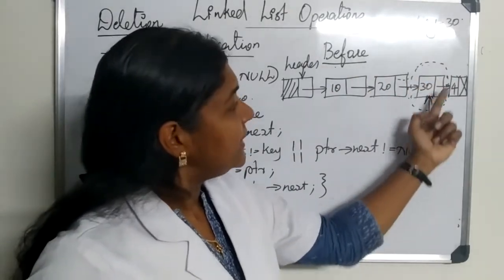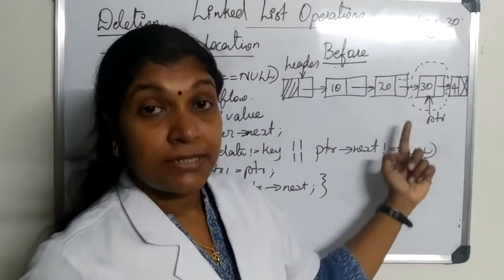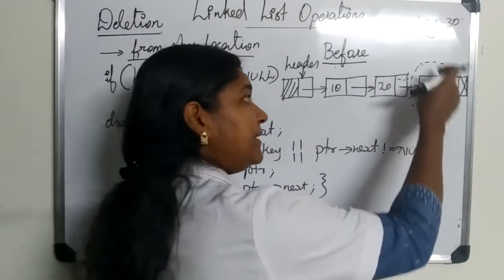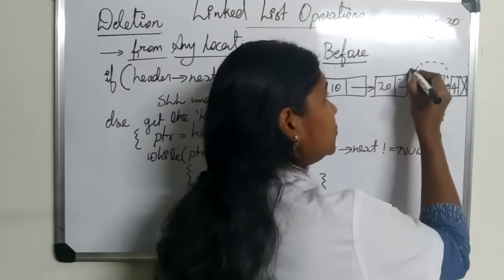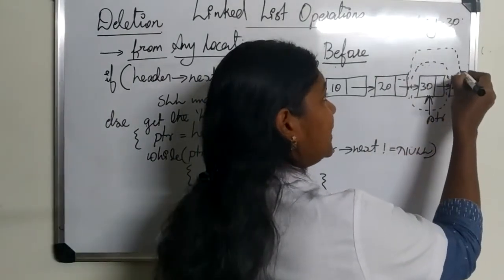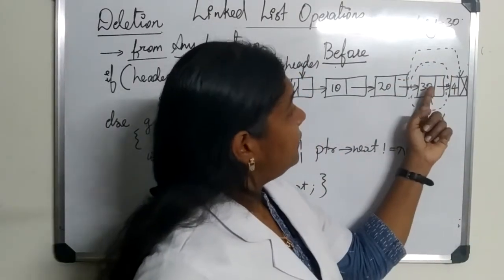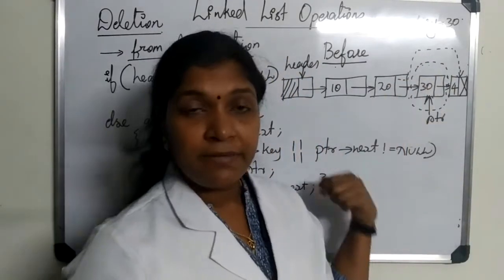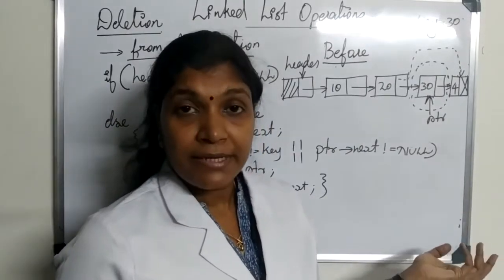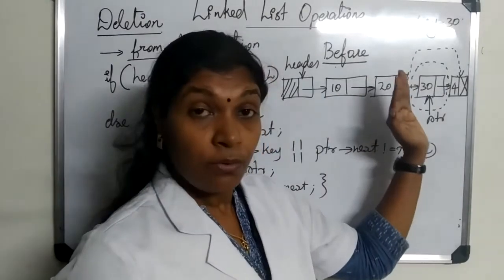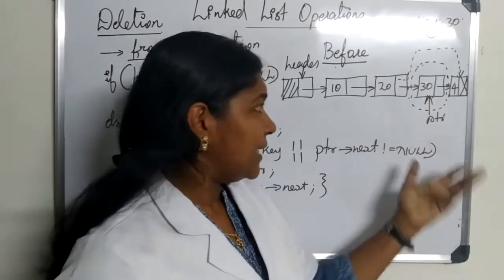So after deleting this node from this single linked list, what is the change we need to make? That is, the previous node of PTR should point to the next node of PTR. Right? So we know how to provide a name for the previous node. How to provide a name? That is, while traversing, make another pointer follow our PTR. Right? So that's the method.